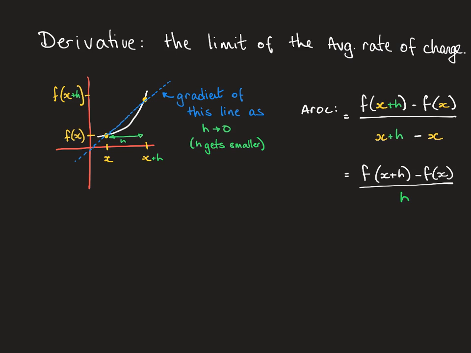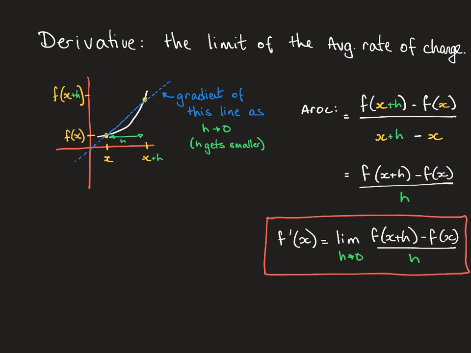And so, as I mentioned at the start, our derivative, we're going to define as either dy/dx, let's call it f dashed of x, is going to be equal to the limit as our h gets smaller and smaller and smaller and approaches 0 of that average rate of change formula.